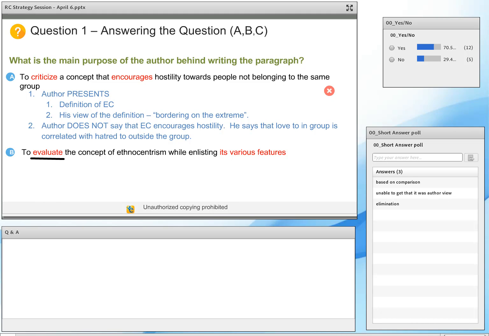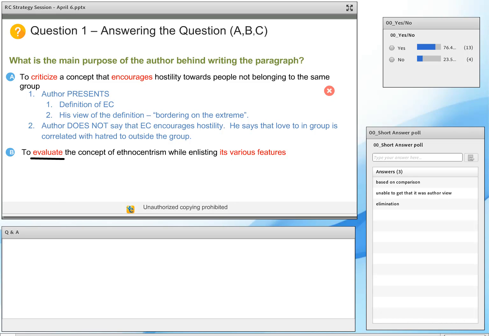Okay, and this happens only when you are reading the passage superficially, when you're still skimming at the surface of the passage. Okay, and if you think about it, this answer choice is a very crafty choice. This choice is actually built on the assumption that students who mark this choice will be students who will not comprehend the passage really well, who are stuck at the surface of the passage. Okay, so each craftily made answer choice is actually based on the pitfall that the student is stuck on the surface.